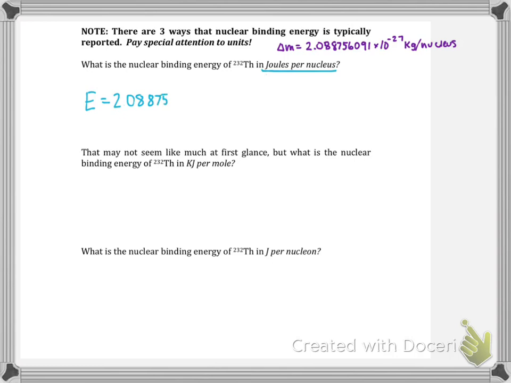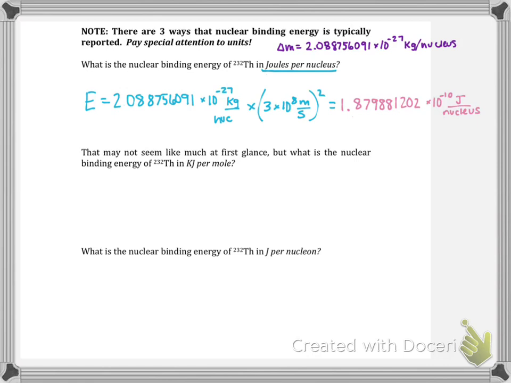It's got to be in kilograms. Times c squared, and once we've plugged in and solved it out, we get this 1.88 times 10 to the negative 10 joules per nucleus.